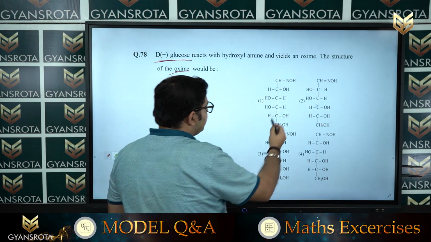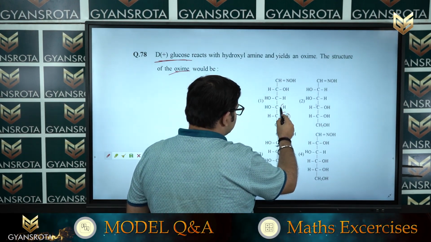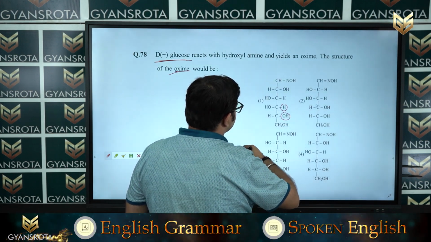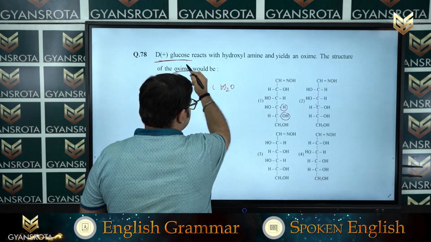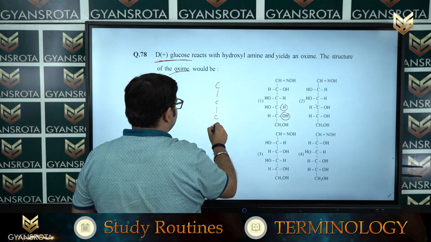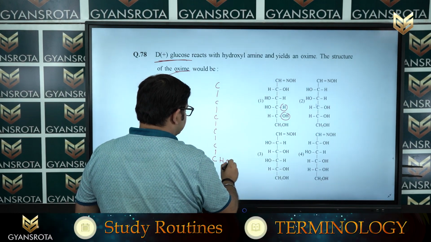Now if you see in the options, here OH, here also OH will be present on your right side. That is the glucose structure, like it will be CH2, sorry, 1, 2, 3, 4, 5 and 6 CH2OH.